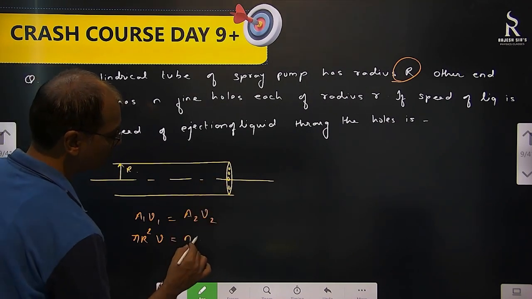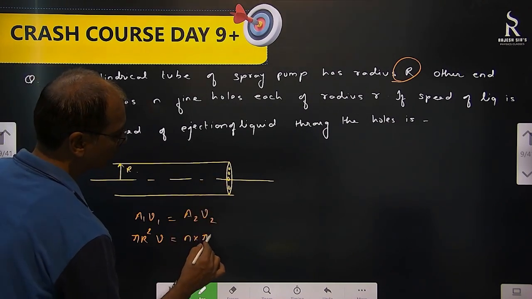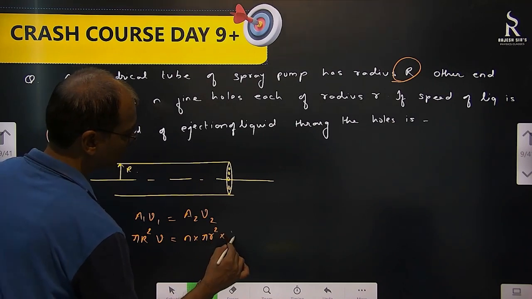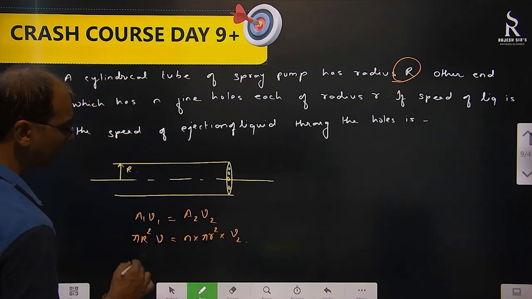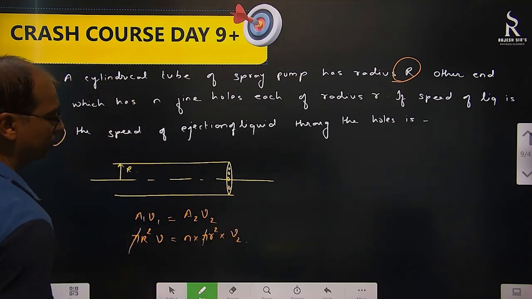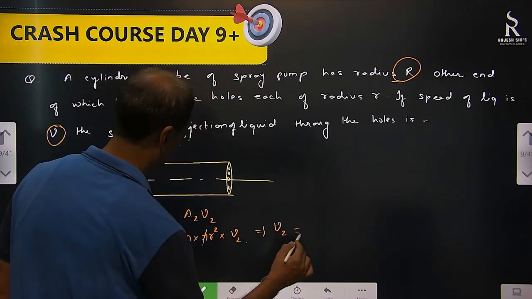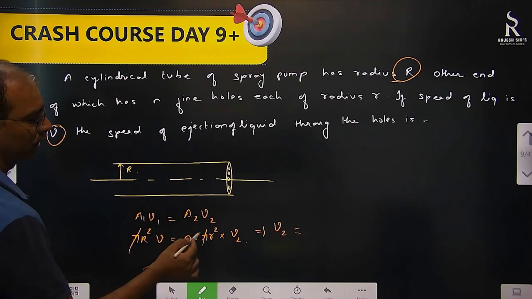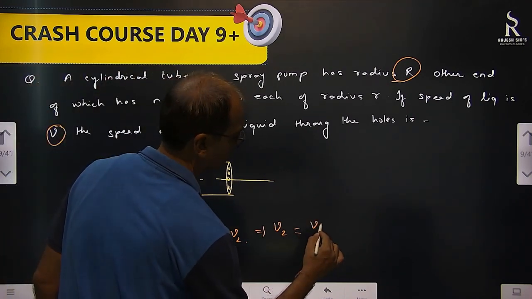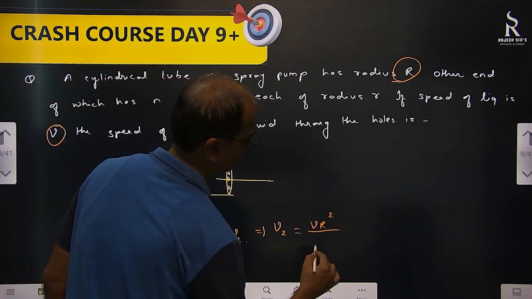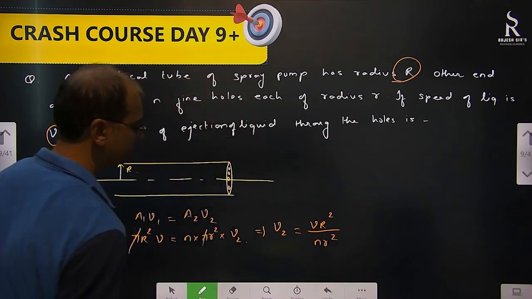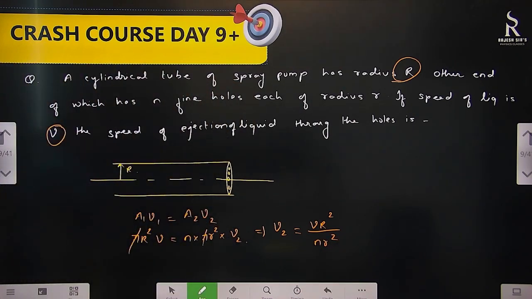So n into their area pi r square into velocity V2. Pi gets cancelled. That's all. So V2 equals V r square by n r square. That's V2. Right. Very simple.